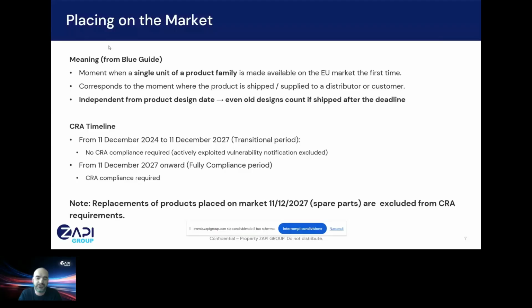The first period, which starts from December 2024 and will finish in December 2027, is called the transition period. During this period, the products that are placed on the market don't need to be compliant with the CRA, except for the notification of the exploited vulnerability.